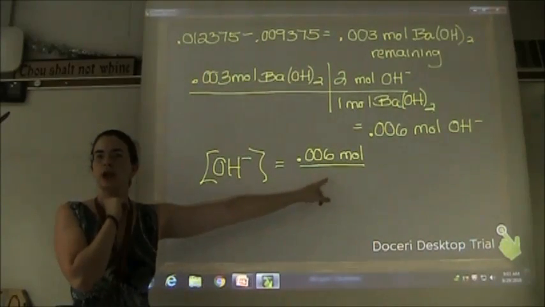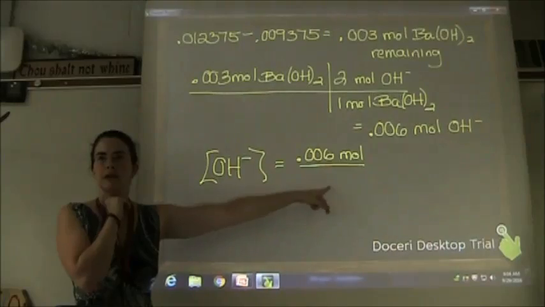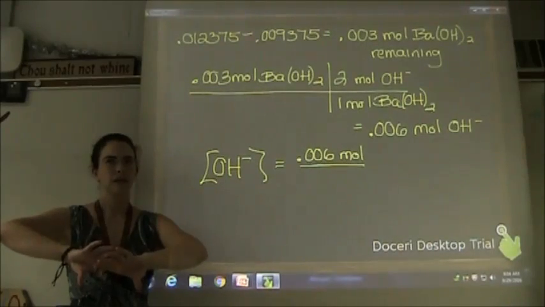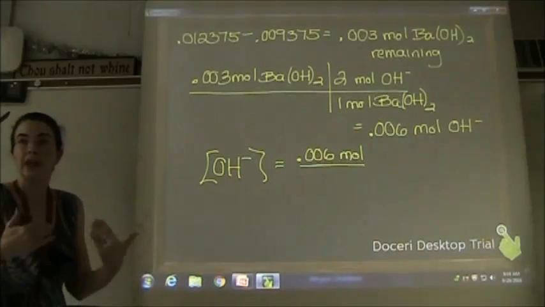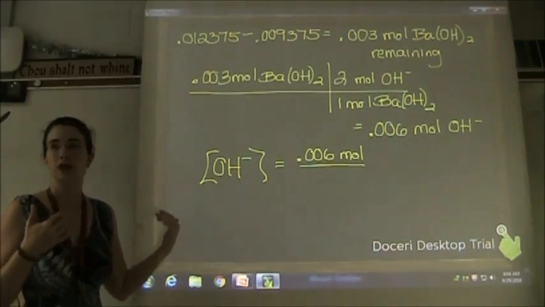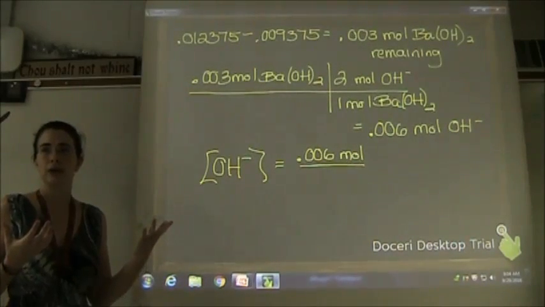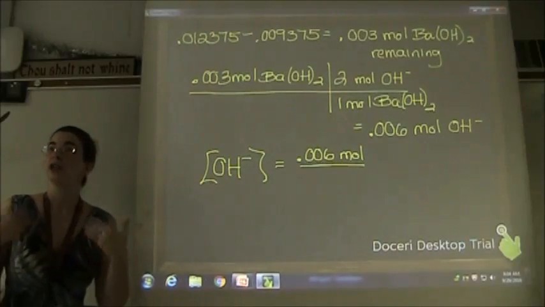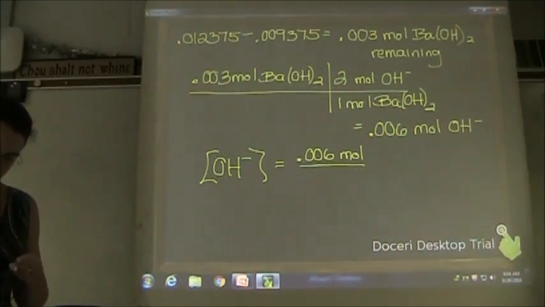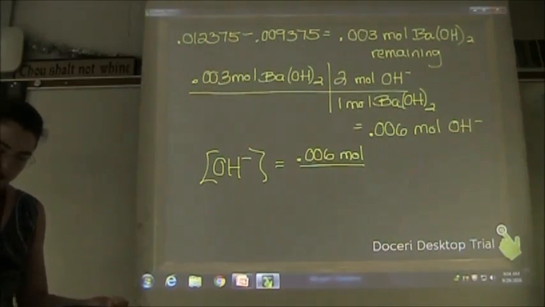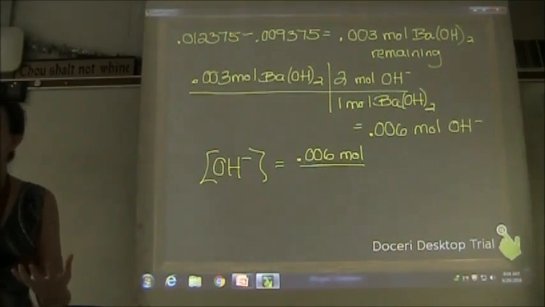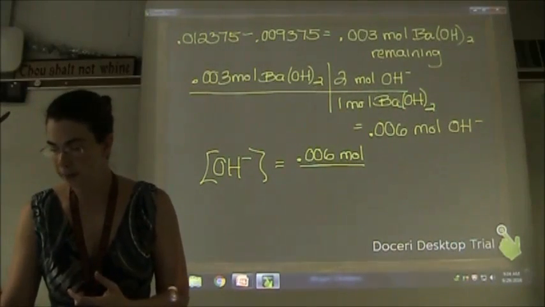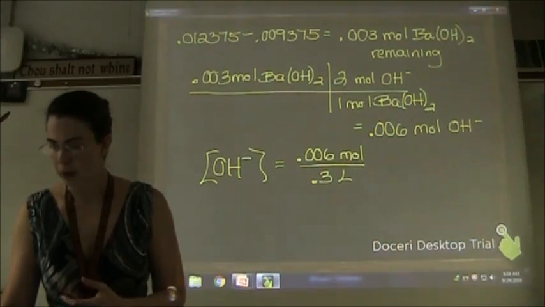What volume should I use here? I've poured them both together. Do I want the individual volume of barium hydroxide? What do I want here? Both of them. I want total volume. 75 milliliters plus 225, that's 300 milliliters or 0.3 liters.